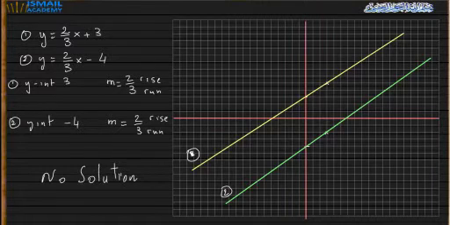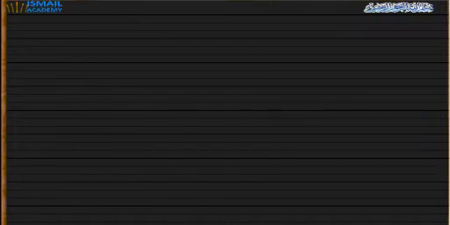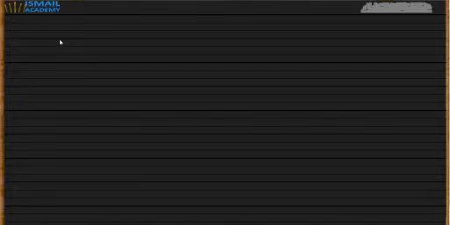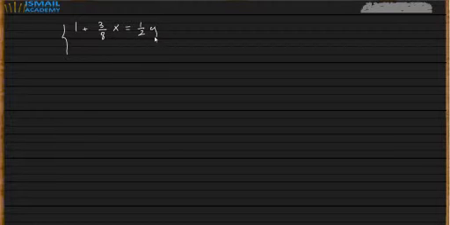For the second example, we have 1 plus 3/8 x equals 1/2 y, and 8 equals minus 4y minus x. Like I said, first let's transform the equations to slope-intercept form.